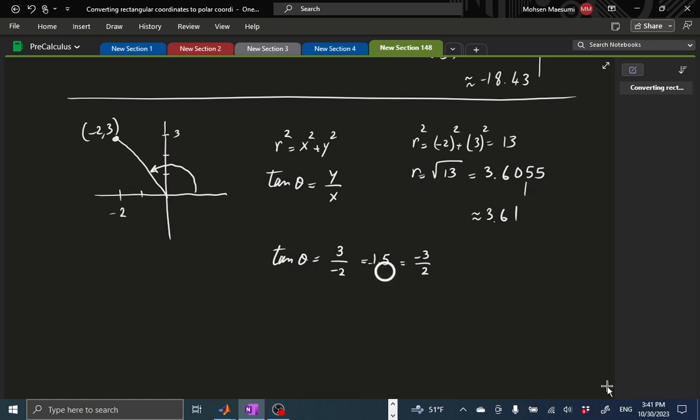It just takes it to be -3/2. It essentially resolves the issue like this. They are all tangent inverses. They always assume that you are looking for the angle here, that is what you wanted, which of course is not what you wanted. You want to be in the second quadrant, and this is in the fourth quadrant.